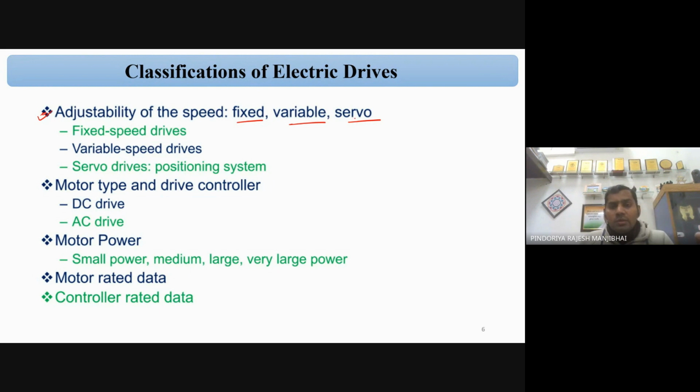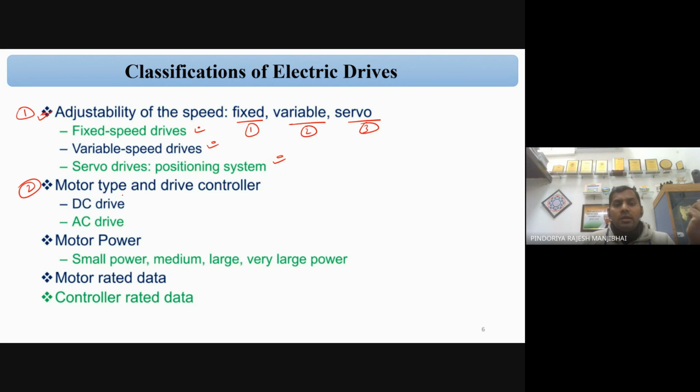Depending on the drive's speed, we can classify our electric drives in 3 categories: fixed speed drives, variable speed drives, and servo drives. Mostly servo drives are for positioning, otherwise a positioning system. Okay, so that is the first classification.